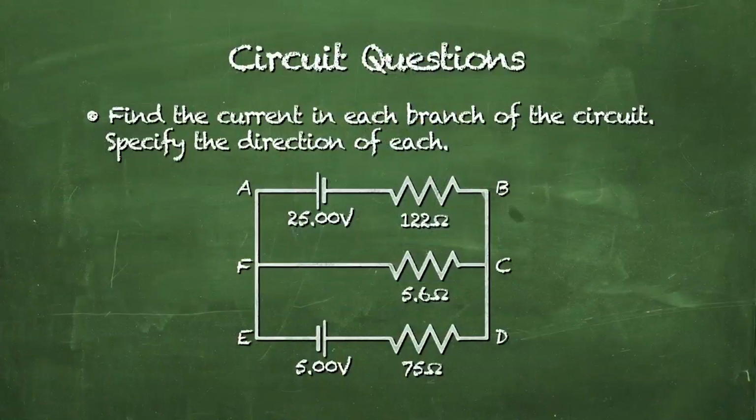Here we have a circuit. Find the current in each branch of the circuit and specify the direction of each. So please draw your circuit. You're going to have to make an assumption about the direction of the currents in each branch. There's going to be three different branches, so three different currents, I1, I2, and I3.